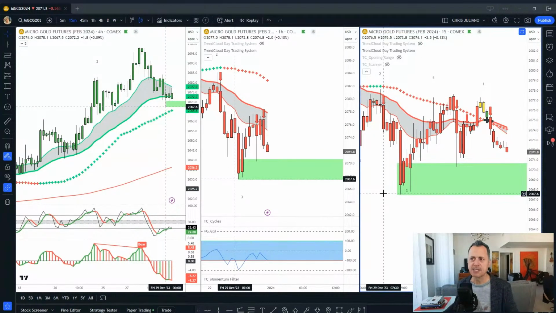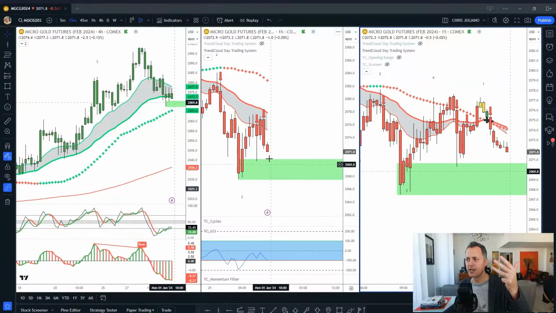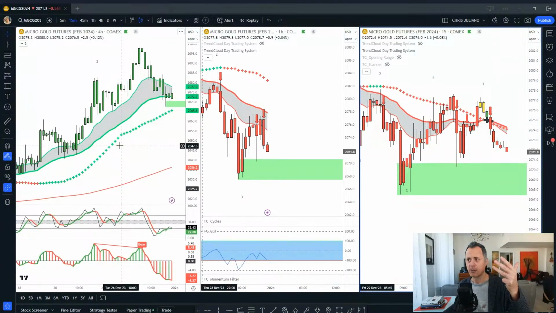So those are the 6 elements: trend, momentum, cycles, multiple time frames, support and resistance, which is moving averages and Fibonacci lines.